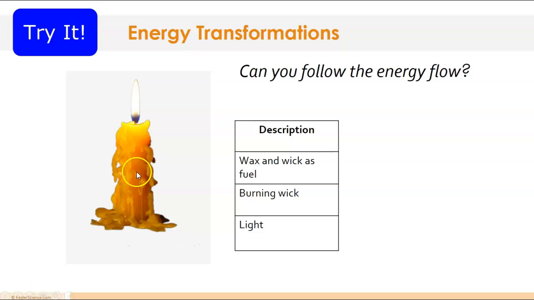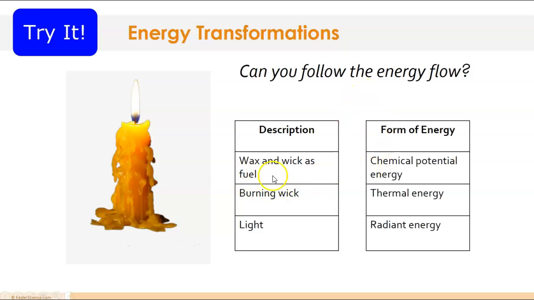What kind of potential energy is stored in the wax and the wick as fuel? And then when we light this, we have a burning wick. What form of energy is that? And then that burning, that fire, creates light. What form of energy is the light that we see? You'll pause right now and see if you can tell me what form of energy each one of these consists of.